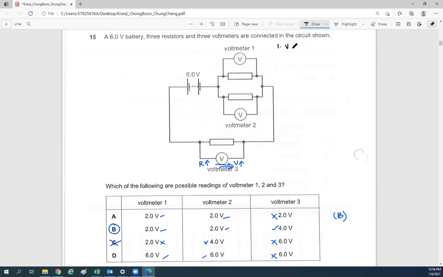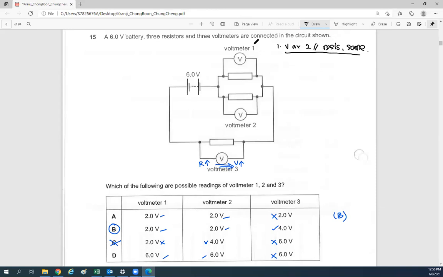The voltage across 2 parallel resistors are the same. Teja, you got that? Yeah.